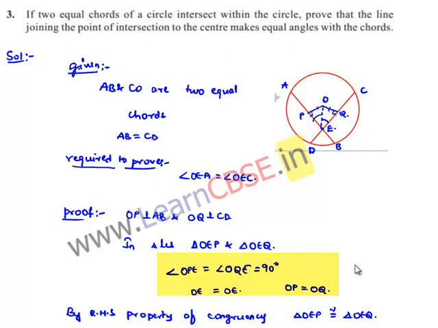We know that when two triangles are congruent, then their corresponding angles and corresponding sides will be equal. So here we can equate angle OEP is equal to angle OEQ. This can be further written as angle OEA is equal to angle OEC. So this is the required proof, and it is hence proved.